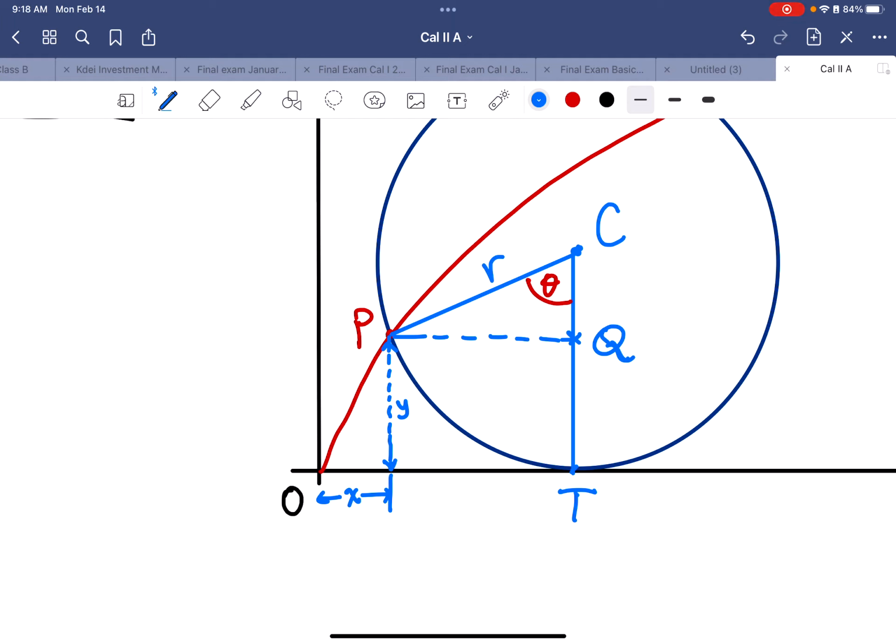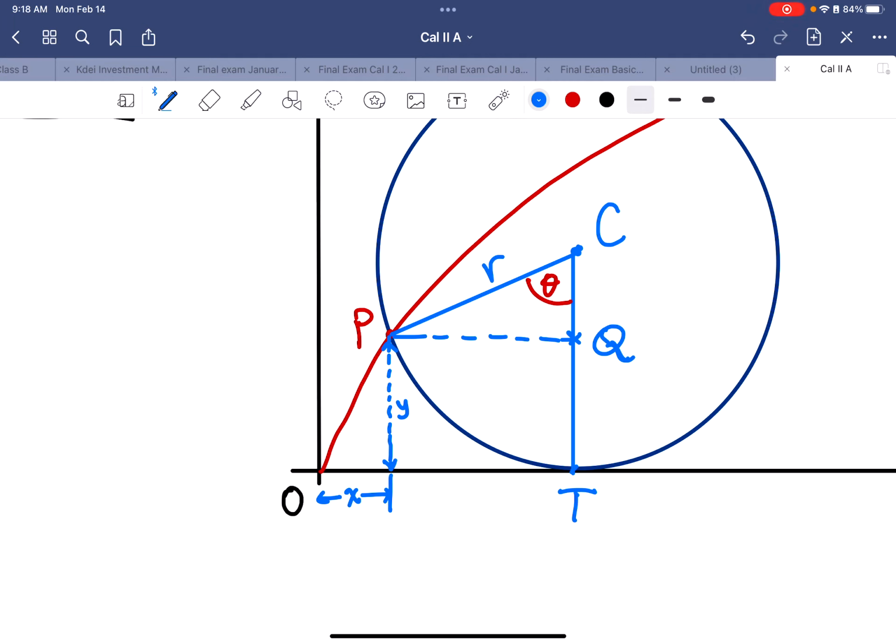First thing, if you see, is OT. The P, before it moved to this point, was on this, right? Imagine that P was going up here.